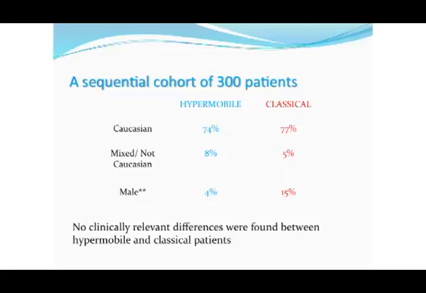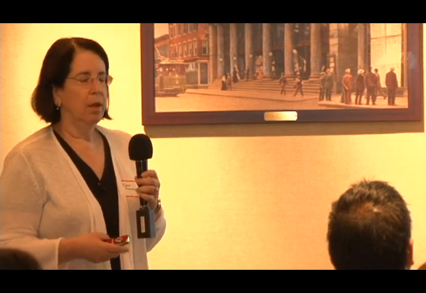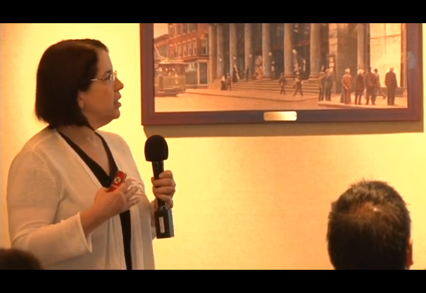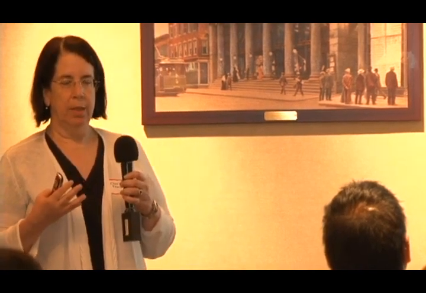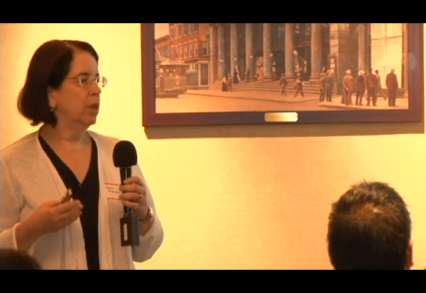And we believe that one of the reasons that so few males come to our attention is the difference in the hormonal milieu and the difference in the ability to build muscle, and that stabilization of the joints by muscle in men is protective against at least the joint hypermobility syndrome symptoms and the musculoskeletal pain that is an immediate sequela of the joint hypermobility.